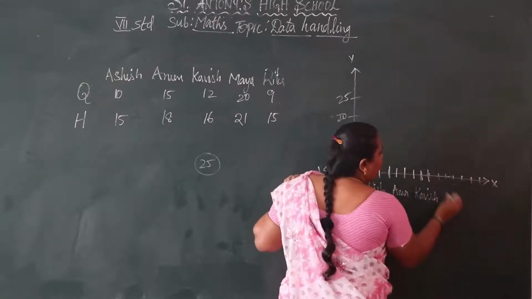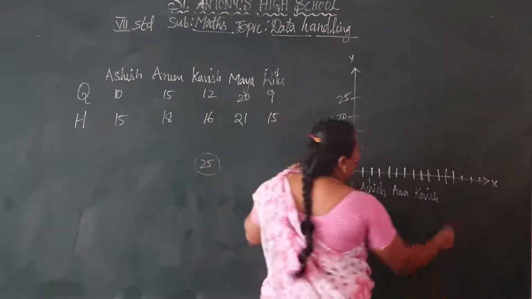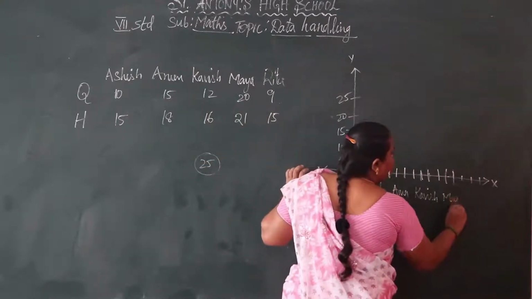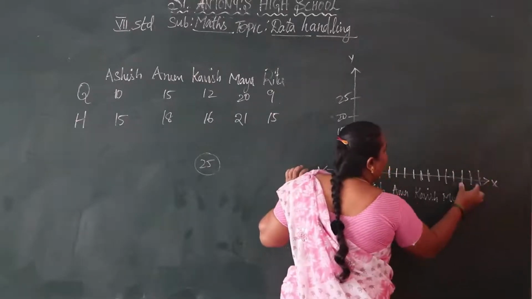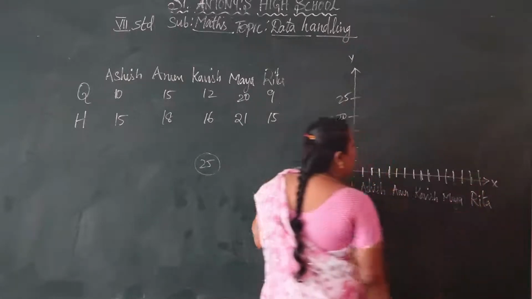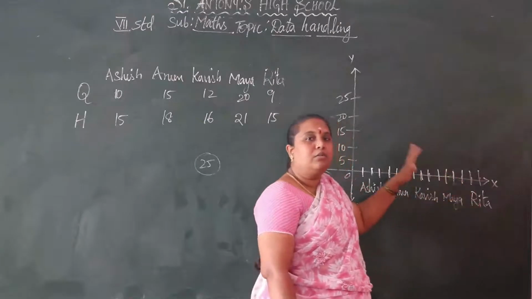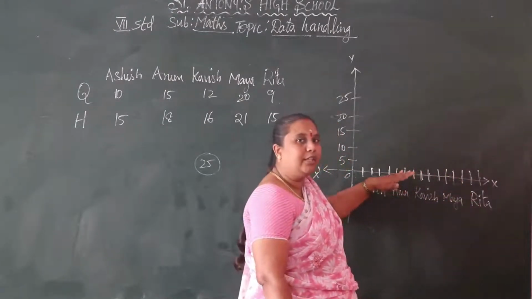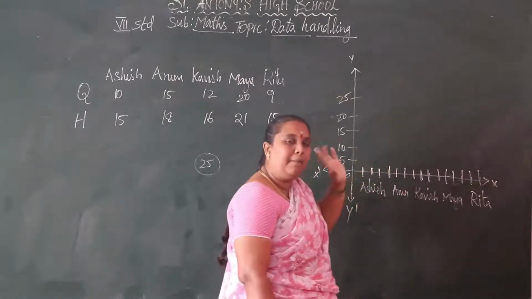Then we leave 1 unit, and then take 2 units for Maya. Then 1 unit we leave, and then 2 units for Rita. Okay, so don't draw like this, children. I am showing it here only to identify. Don't draw it in your graph sheets. You have to mark as it is and draw the bar graph.